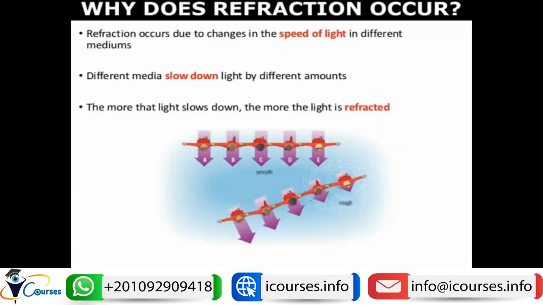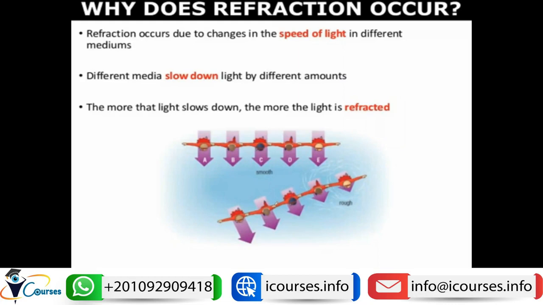These girls will slow down, and A, B and C will continue at their speed. So there will be a bend of this line of girls, leading to refraction. This is exactly what happens with light: it passes through different refractive media.